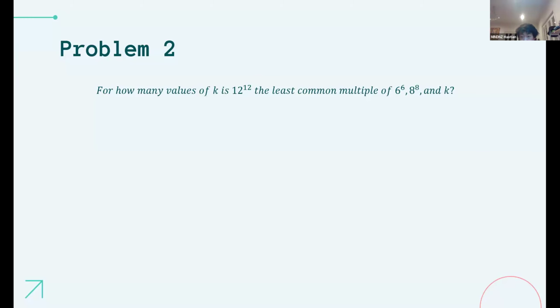Something very tricky here is we're actually taking the lowest common multiple of 3 numbers. You guys can try to figure out how that works.